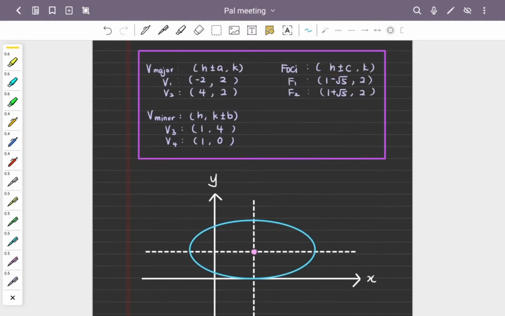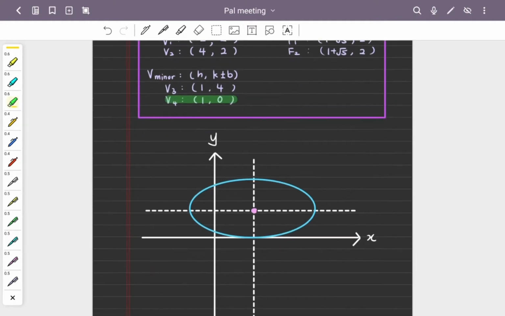One thing you need to be careful about is that when you sketch, you need to be logical. What do I mean by logical? For example, here at the minor vertices, you can see there is a coordinate 1, 0. One of the coordinates is 0. This means it will touch the x-axis, because the y coordinate is 0.